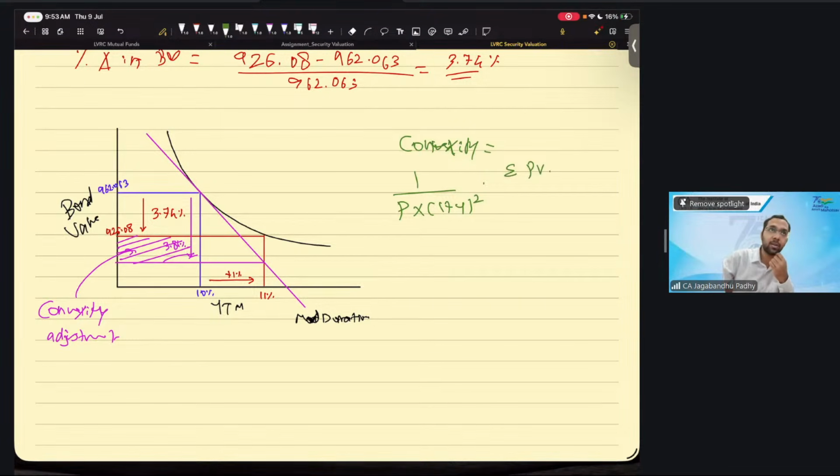PV into T into T plus 1, or N, you can also call it N instead of T. So PV into N into N plus 1.